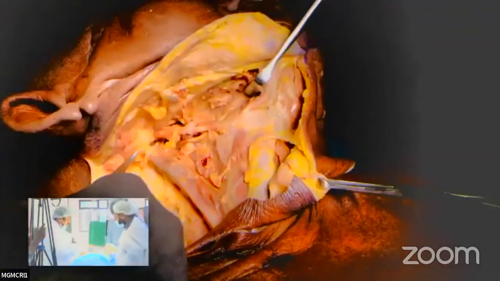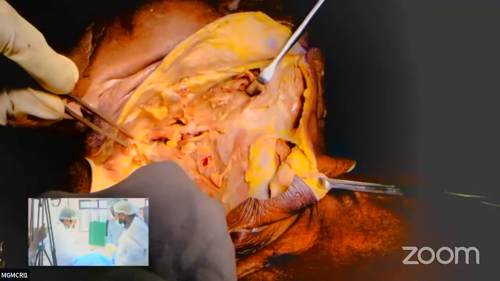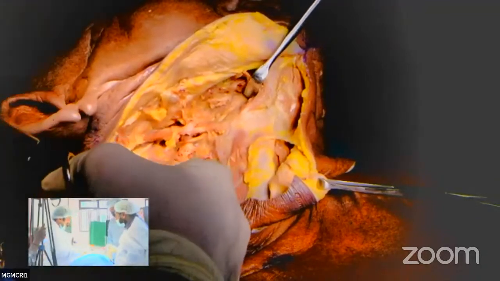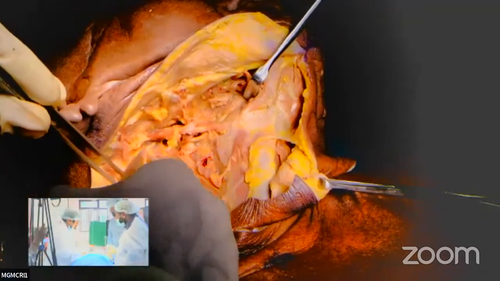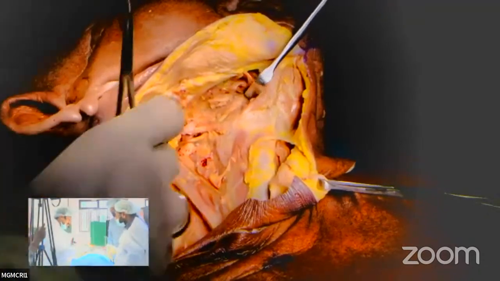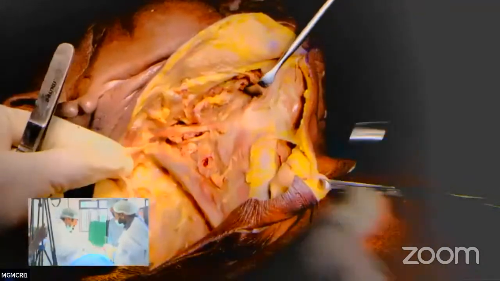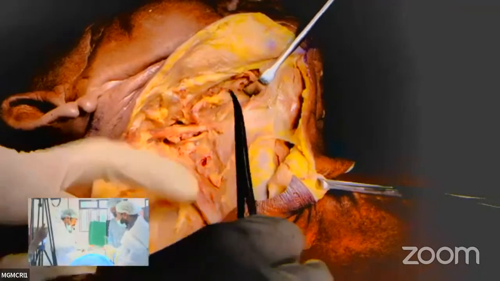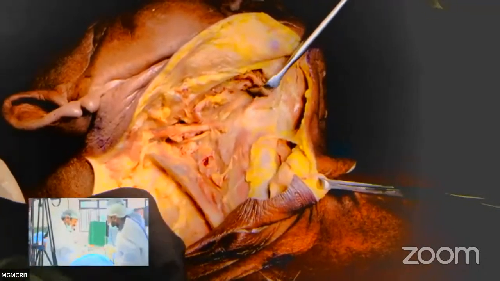Whenever you have to look for your spinal accessory nerve, identify your posterior belly of digastric, dissect it till the mastoid, then you identify your spinal accessory nerve here. So this is the spinal accessory nerve. These are all your cutaneous fibers.